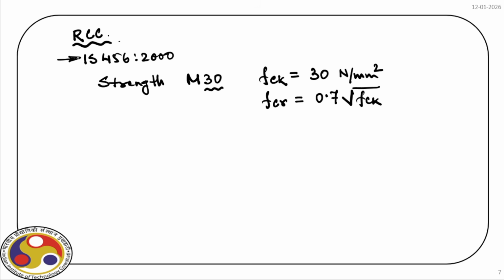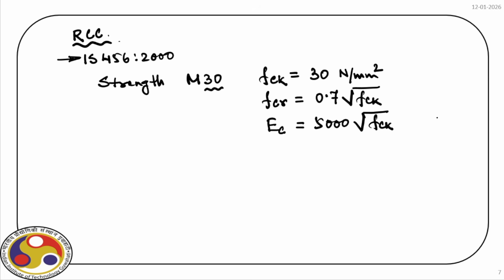We'll also go through this code maybe in our next class as we start designing the structure. But for the time being, the point to be noted here is the characteristic strength of the concrete at the end of 28 days. Then we have the flexural strength of the concrete, and then Young's modulus of the concrete, which is Ec, and the value of Ec is 5000 square root of fck.